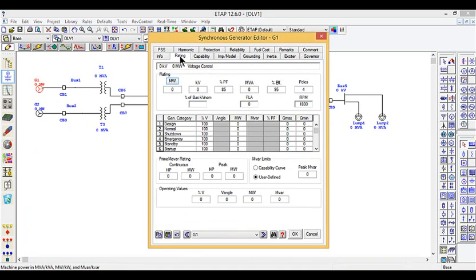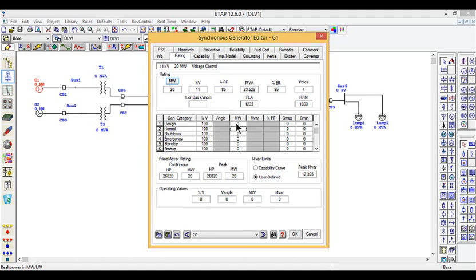Now move towards the rating tab. The power rating is 20 megawatts with a voltage rating of 11 kV, and we also need to specify how many megawatts is the design of this generator and what is the maximum and minimum limit of reactive power that this generator can supply as per its design, normal, shutdown and emergency.